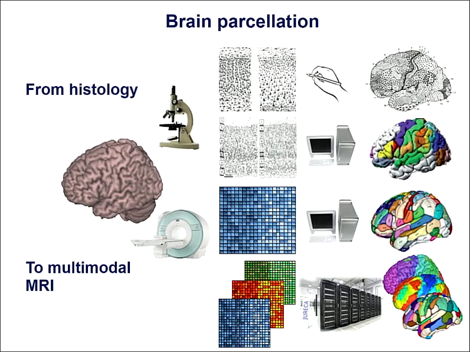And of course, it was quite subjective, and across time, more objective methods have been developed. So now cytoarchitecture work is mainly done by automated approaches, in which an algorithm can detect the change in cytoarchitecture, and then the map is built based on a computer approach.